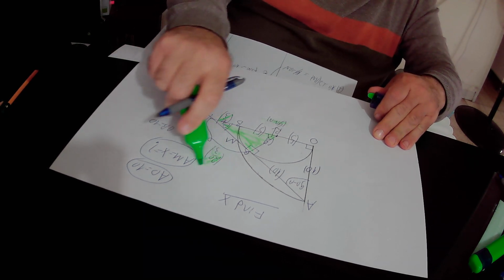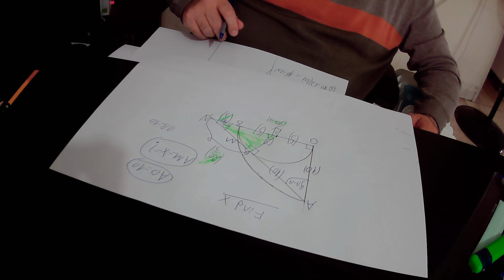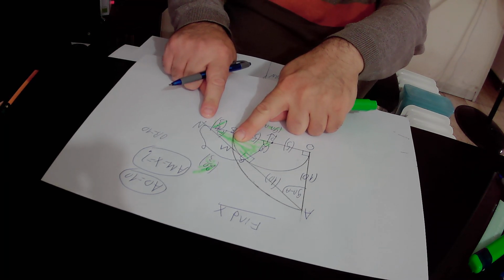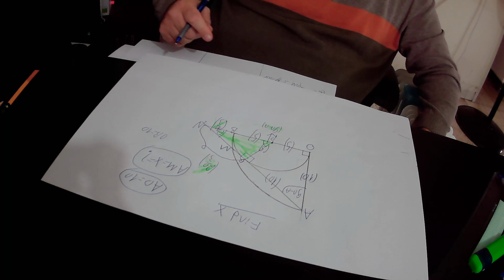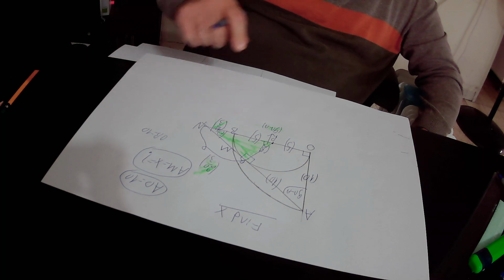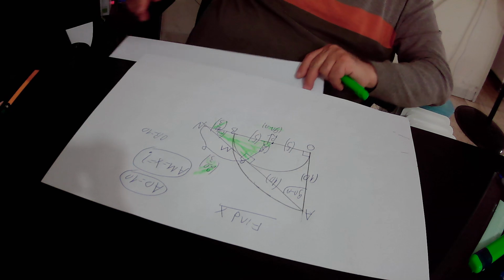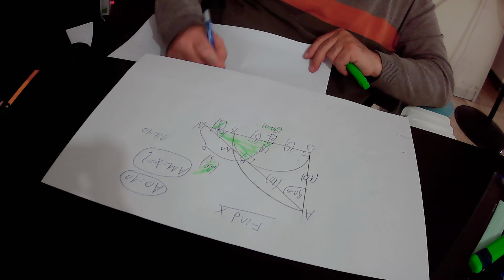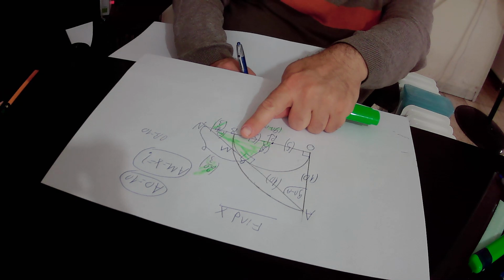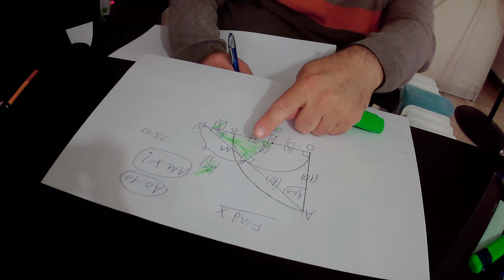Okay. In the next step, we'll find out the length of this line segment Mn. From the drawing, it is very easy to see that Mn equals Qn minus Qn.